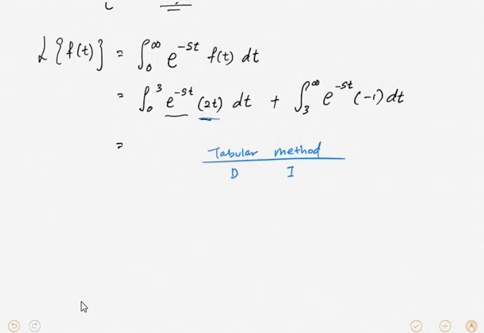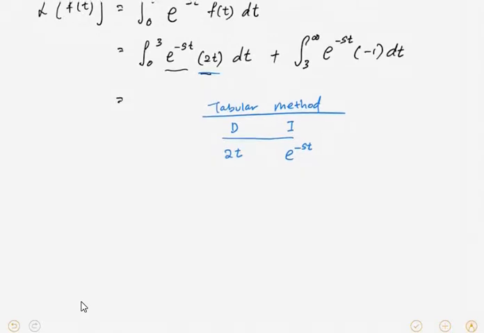So I assume the differentiation is 2t, and then integration is e^(-st). So differentiate 2t, you will obtain 2, and differentiate 2, you will obtain 0. And integrate e^(-st), you obtain e^(-st) over -s. And then integrate again this e^(-st) over -s, that would be e^(-st) over s squared.